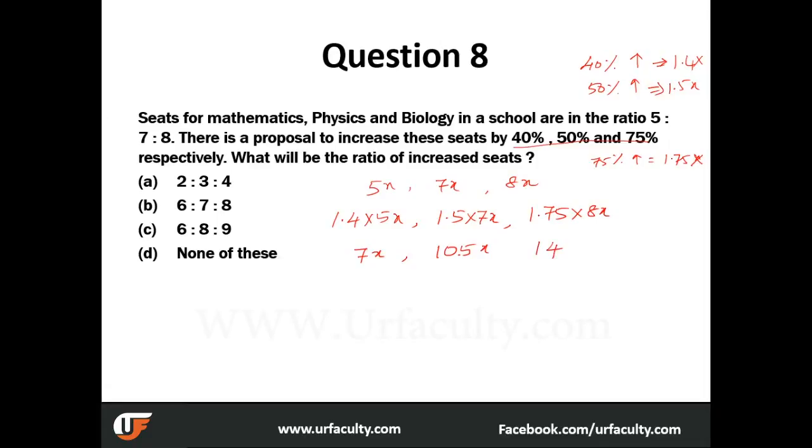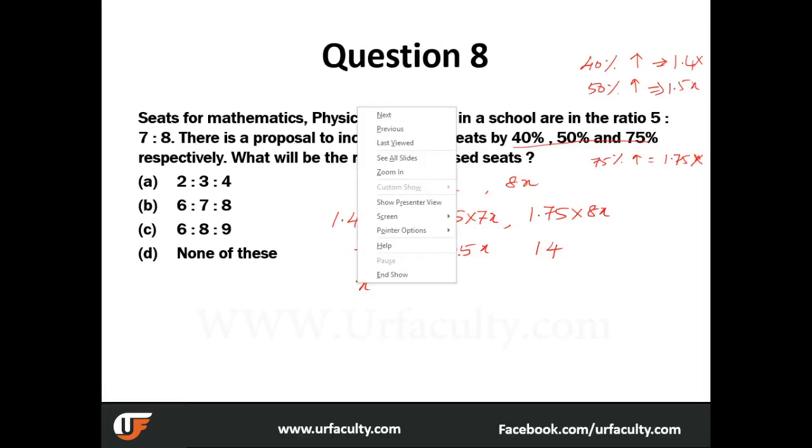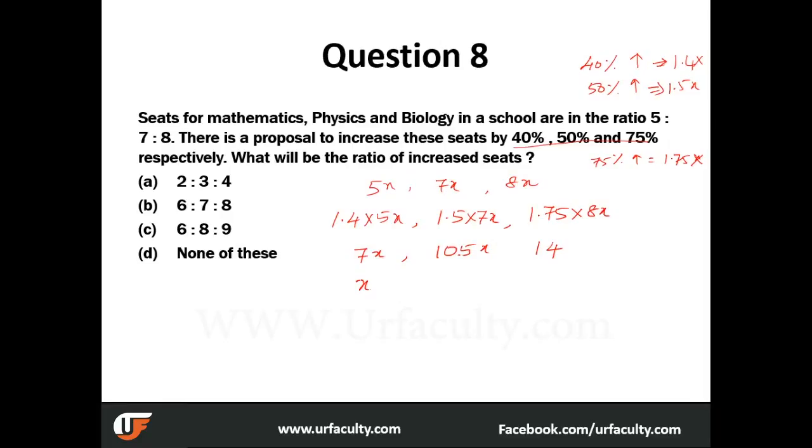So we are left with these options, and we now know that they are basically 7x, 10.5x and 14x.